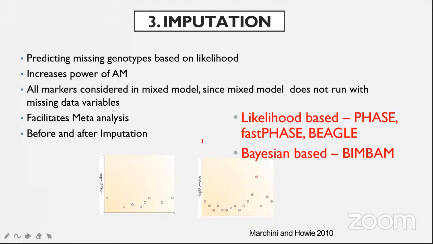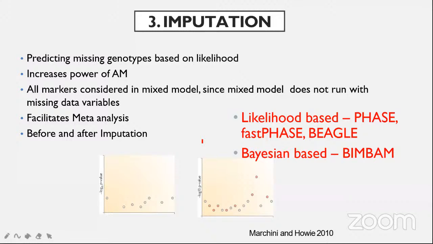And I mentioned the thing about imputation. Imputation basically refers to filling in those missing values. Now it has been extended to include even the phenotype too, but let's talk about the genotype. Basically, it's predicting missing genotypes based on likelihood. It increases the power of association mapping.